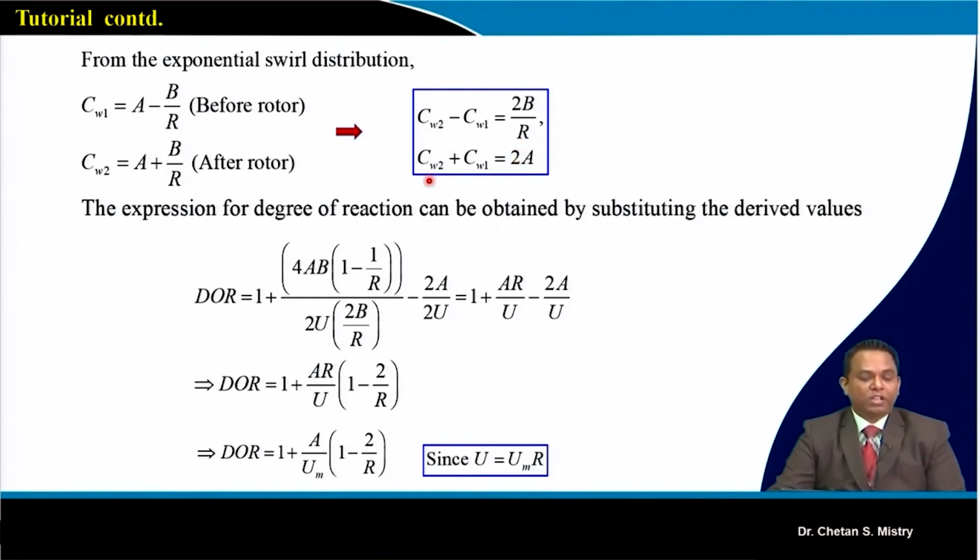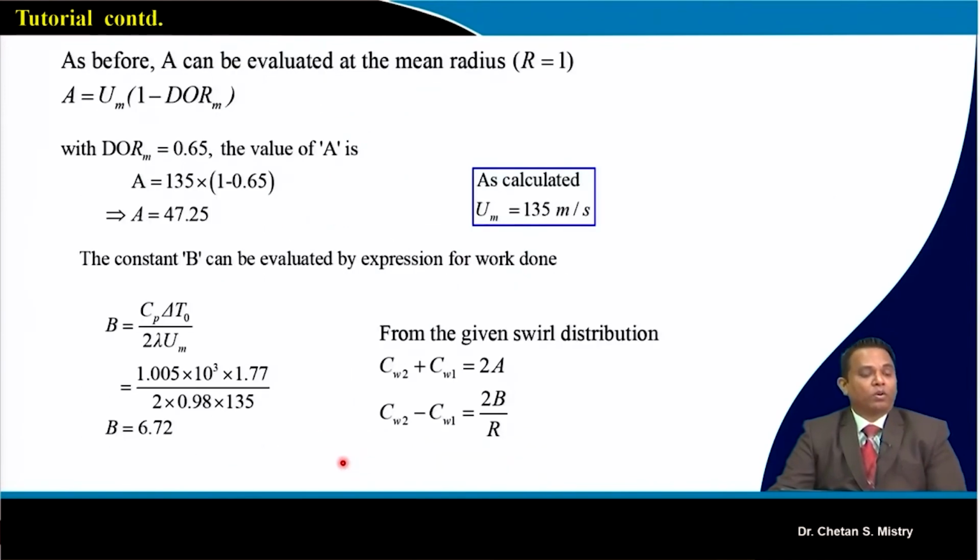If we put this together, my degree of reaction comes as 1 plus A by Um into bracket 1 minus 2 by R. Now, we want to calculate our constant A. Constant A we write as Um into 1 minus the degree of reaction at the mid station.